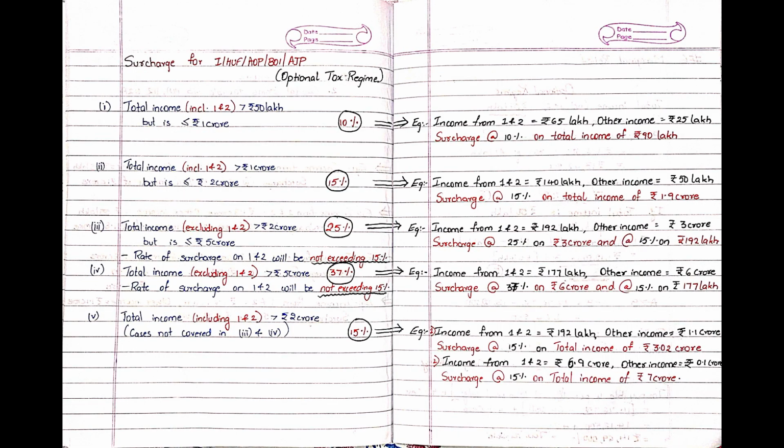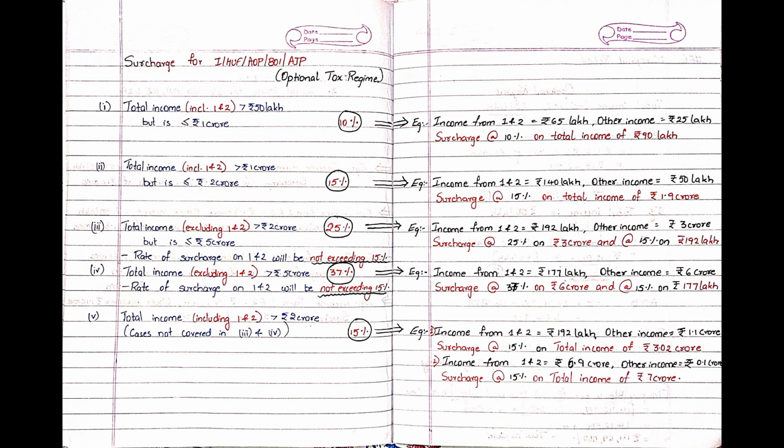Now, coming to the surcharge rates for individual, HUF, AOP or body of individuals or artificial juridical person under the normal provisions of the Annual Finance Act, for those who have opted out of the default tax regime. For such assessees, the surcharge rates are as follows.